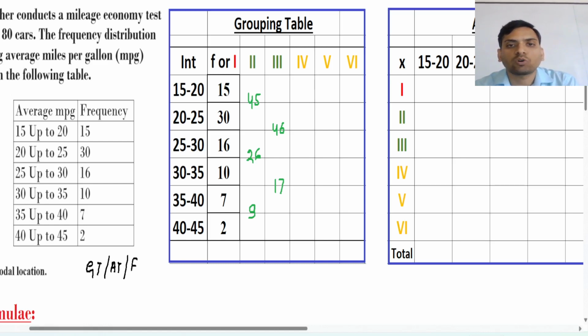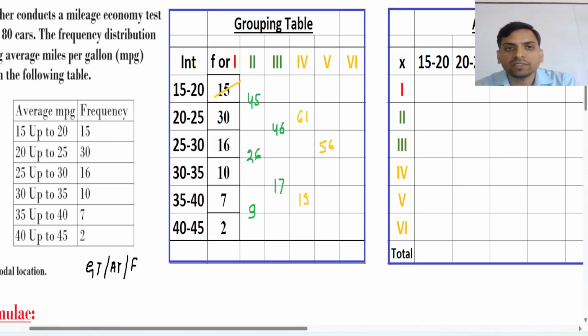Now we will make group for 3 elements, 15 plus 30 plus 16. So this total is 61, and you will write in mid, that means in front of this 30. Now next 3 are 10, 7, 2, this total is 19. Now next grouping after leaving this first element, so next 3 are 30, 16 and 10, and total is 56. So we will write in mid, in front of this, and no other grouping because only 2 elements are left, so no need to write.